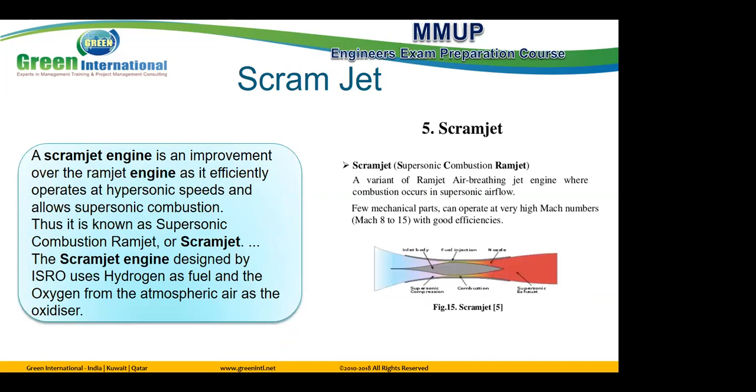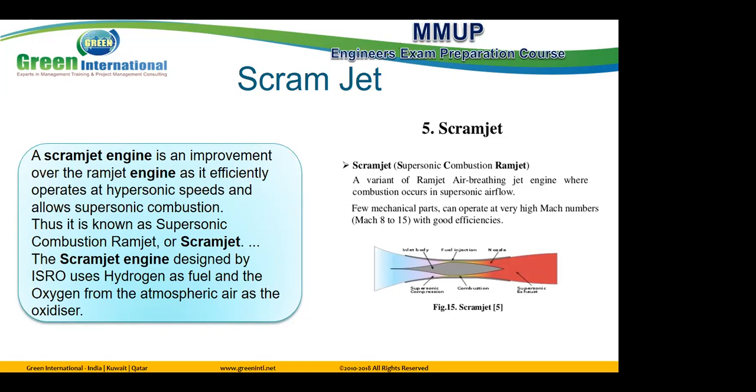Scramjet stands for supersonic combustion ramjet. So the scramjet works at higher speed than the ramjet. The ramjet works in the supersonic range, but the scramjet works with supersonic combustion.